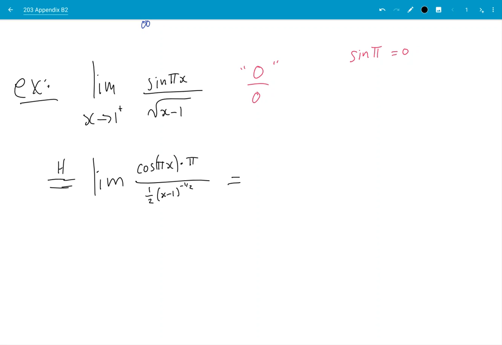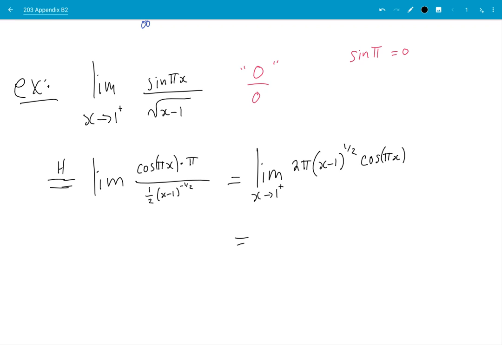And what does that equal? Moving things around, I get 2 x minus 1 to the half, maybe 2 pi. Sorry, 2 pi in front. And then I get cos pi x bracket, why not? X goes to 1 just for emphasis.